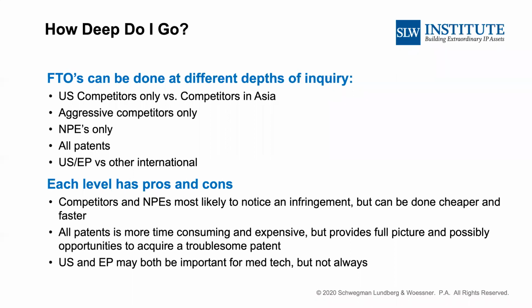Maybe you need to look hard at NPEs, AKA trolls, to make sure that the people most likely to sue are taken out of the equation before you design your product. Or you can look at everything. But anyways, I'll turn it over to the panel to comment on that.